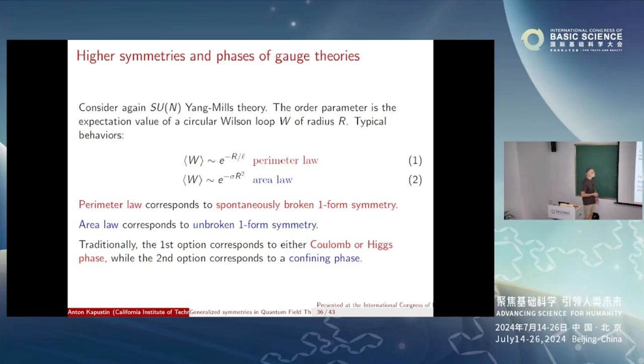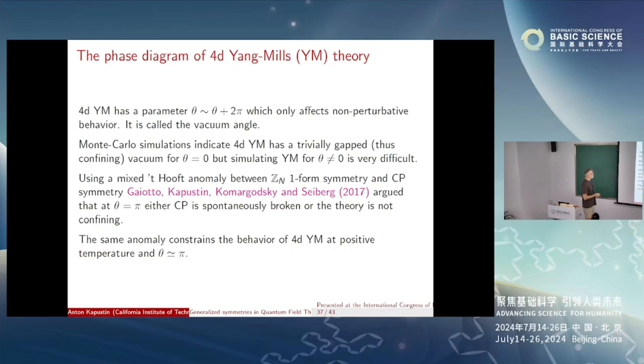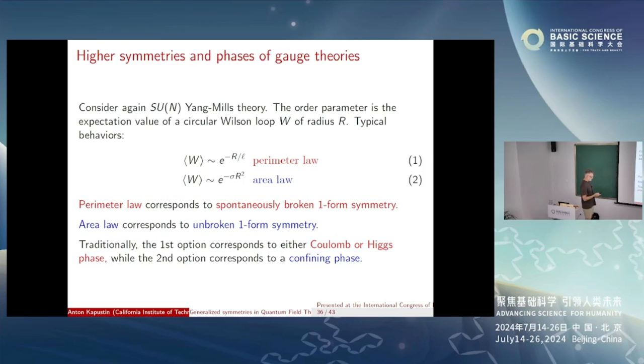So, for example, let's look at Yang-Mills theory with group SU(N). You have a one-form symmetry, and the charged objects are Wilson loops. Strictly speaking, one should take the Wilson loop to be topologically non-trivial, but let's ignore that and just take a circle. The typical behavior is that you have either a perimeter law or an area law. The perimeter law corresponds to spontaneously broken symmetry, while the area law, because of this rapid decay, is interpreted as unbroken one-form symmetry.